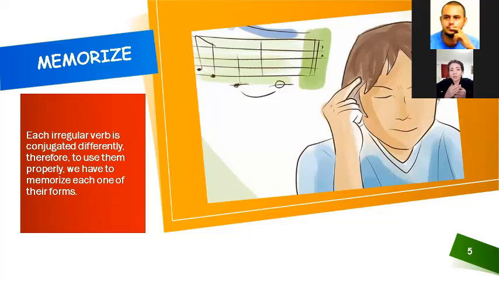I mean, you can practice with different techniques, like, for example, reading and writing the verbs, or you can play some fun online games about verbs, and you can find different ways to memorize these verbs, okay? It doesn't have to be boring or exhausting at all, okay?